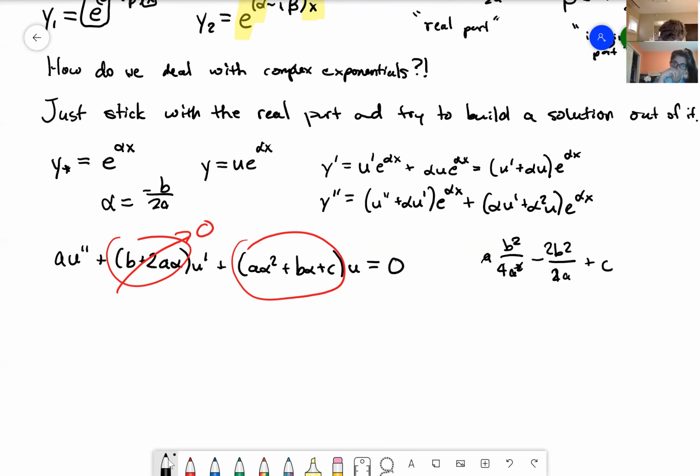We'll make this a 2 and this a 4. And then we'll make this c times 4a over 4a, so we get a common denominator. So b squared minus 2b squared, minus b squared, and c plus 4ac over 4a. And I guess I got that a little backwards.